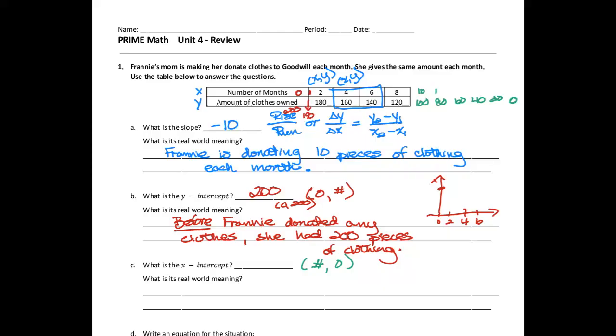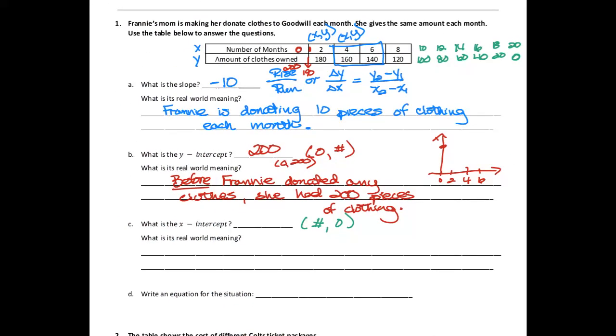So this would be 12, 14, 16, 18, and 20. So that means the x-intercept is at 20 or 20, 0.